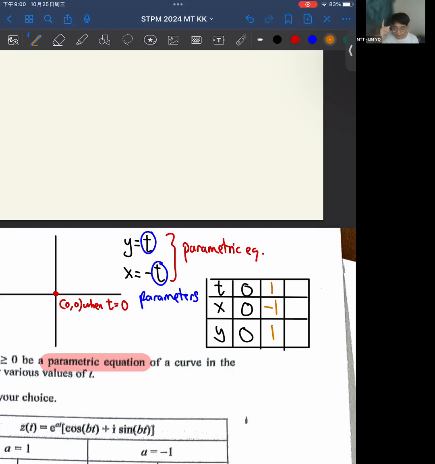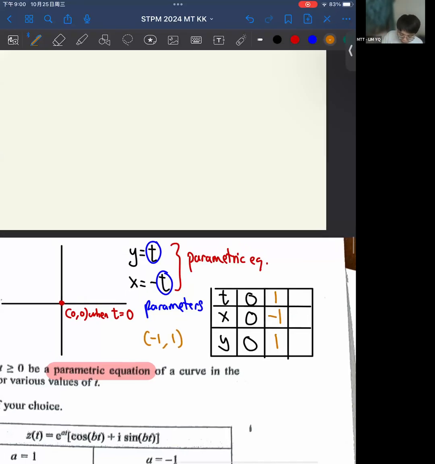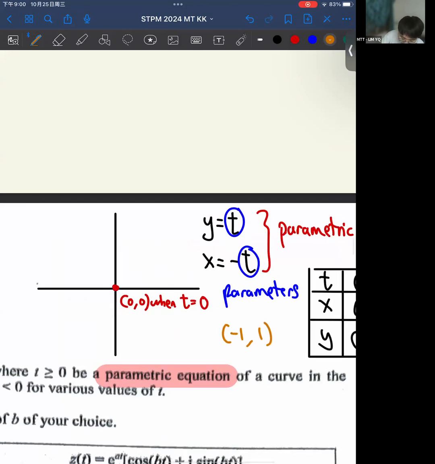When x is negative 1, y is 1, the coordinate is negative 1, 1. Where is this point? The x value is negative, y value is positive. It is over here, right? Am I right? It is over here, this point. So this is when t equal to 1, negative 1, positive 1.